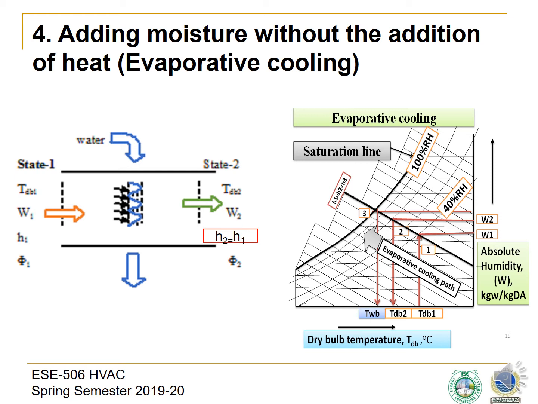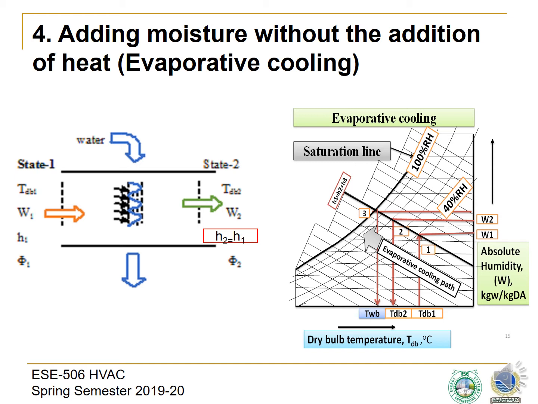But H1 will be equal to H2 in this case because this is an evaporative cooling process, also called a constant enthalpy process. So in this process the line will follow the constant enthalpy line.